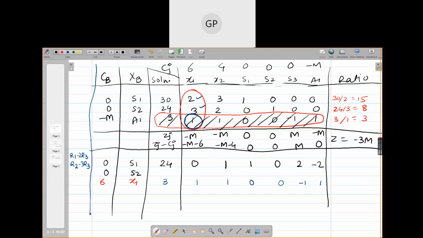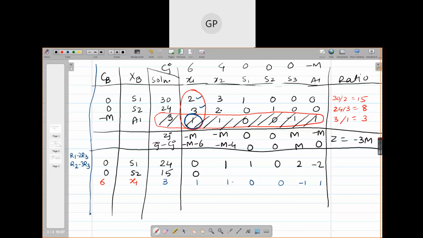Okay, next S2. 24 minus 3 into 3, that is 9. 24 minus 9 is 15. Correct, Fiona? 15. 3 minus 3, 0.